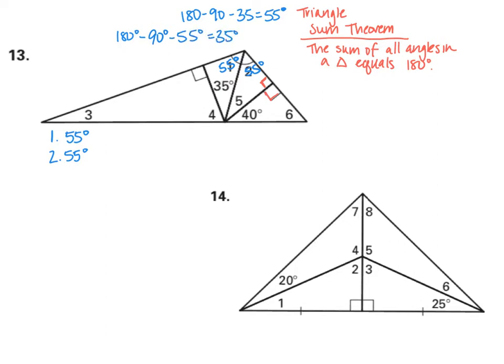So angle 5 is 35 degrees. And then we can continue with that same concept. 180 degrees minus 90 degrees minus 40 degrees equals 50 degrees. And that's going to give us angle 6.